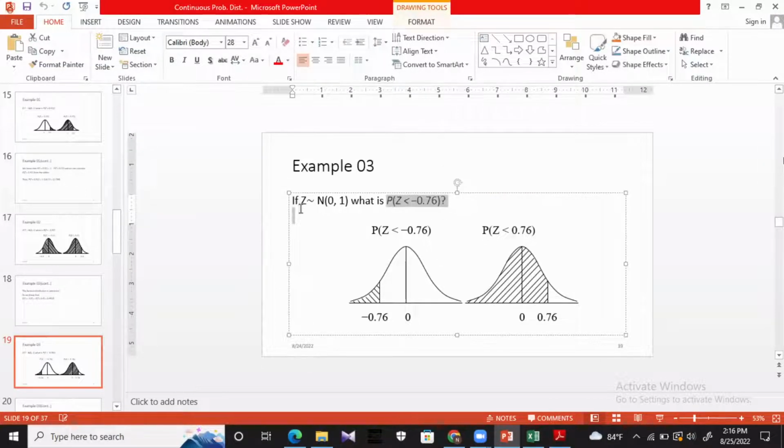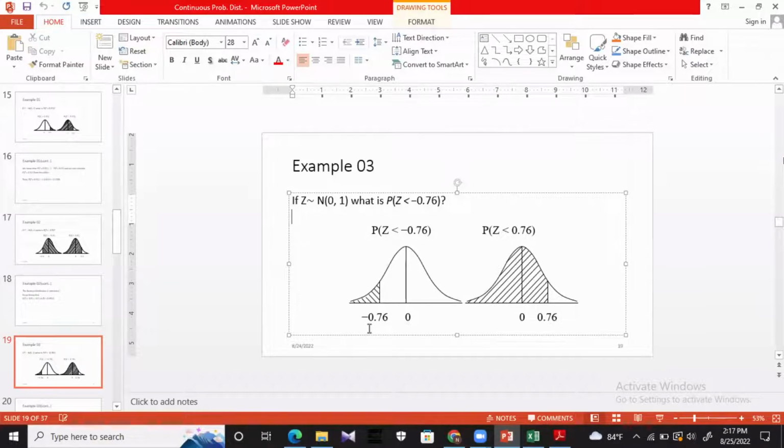You need to find this probability for the same random variable Z. Z means normal random variable with mean 0 and variance 1, the special normal random variable called the Z variable or standard normal random variable. So you need to find the probability Z less than minus 0.76. This probability, the small region.